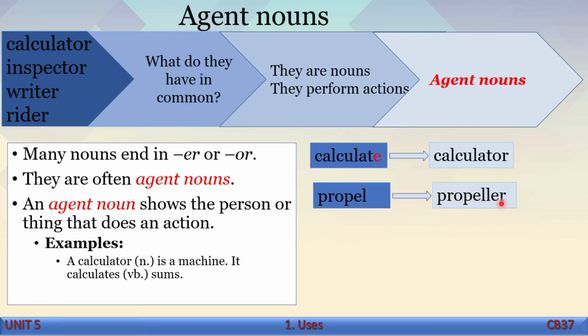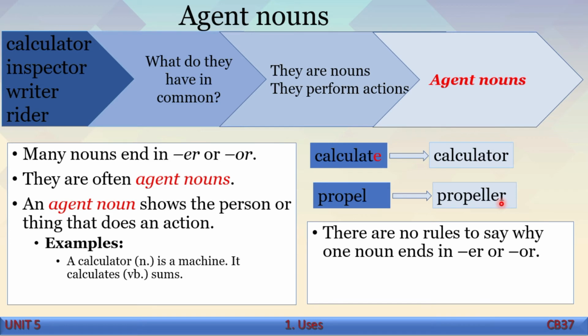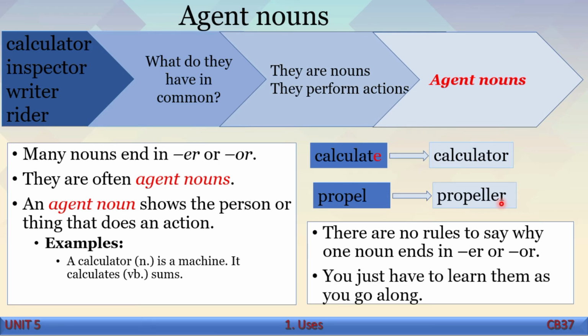Finally, I know you may be wondering if there are rules to say why one noun ends in ER or OR. The simple answer is there are no rules to say why one noun ends in ER or OR. All you need to do is you just have to learn them as you go along. Very good.